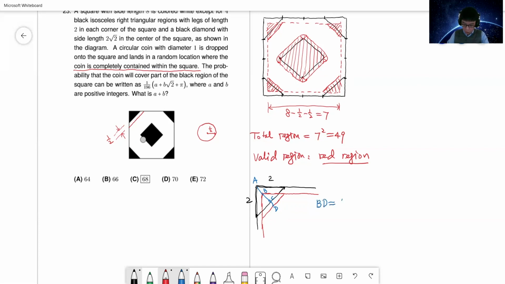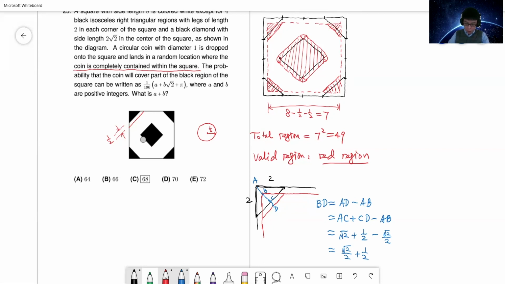BD equals AD minus AB, which is AC plus CD minus AB. We know AC equals √2, and CD equals 1/2, and AB equals 1/2 root 2. So BD actually equals root 2 over 2 plus 1 over 2.